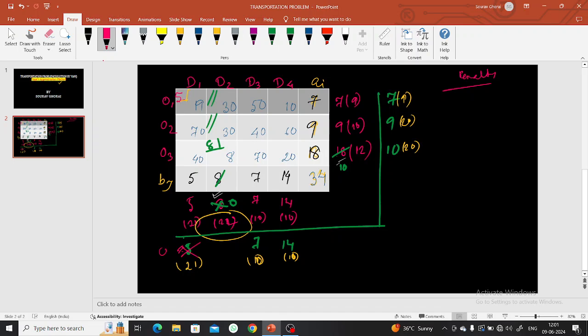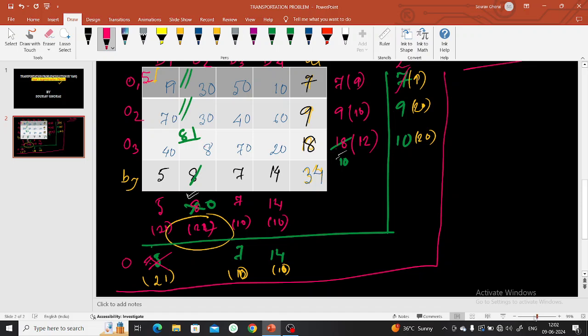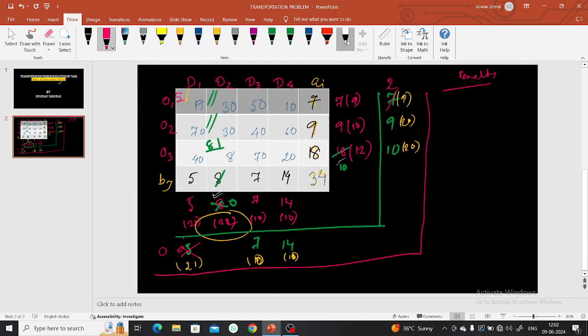It will now be 0, and the supply will now be 2. We write the remaining values again: 2, 9, 10, 14 and 7. Now this column is also exhausted.